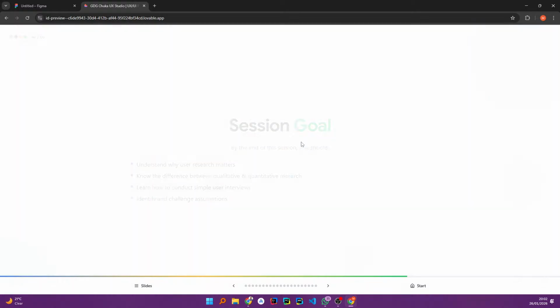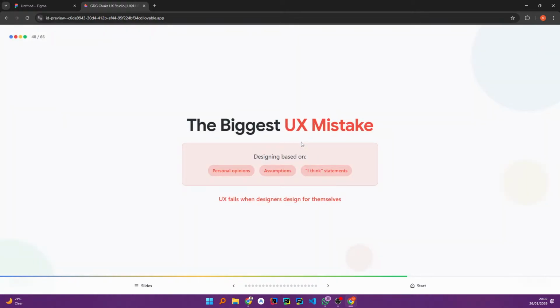So let's begin. Why do we really need user research? The biggest mistake in terms of UX that one can make is designing products based on personal opinions, driven assumptions, and even what you think is right from your own point of view.